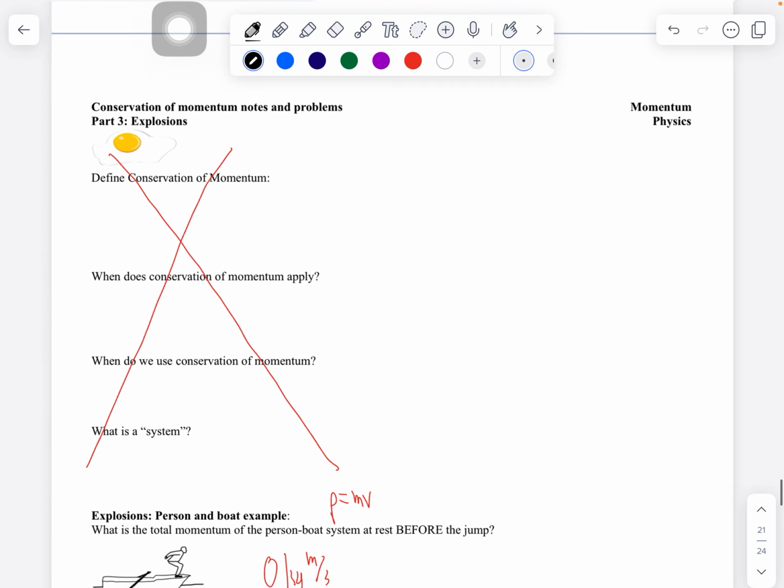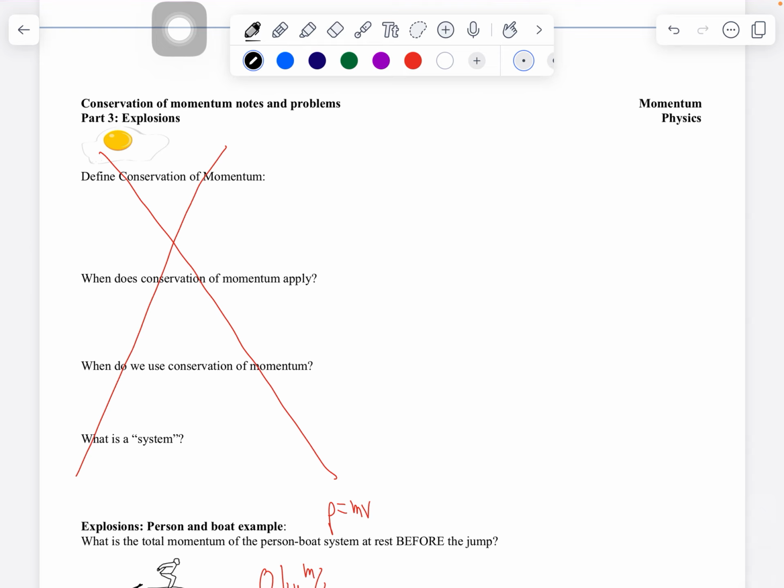Overall, let's do a little recap on our different types of collisions. Our general conservation of momentum equation. This is not one that we are giving you on the test, but it is one you can derive pretty easily. Conservation of momentum just tells you before and after a collision, momentum in a system is the same.